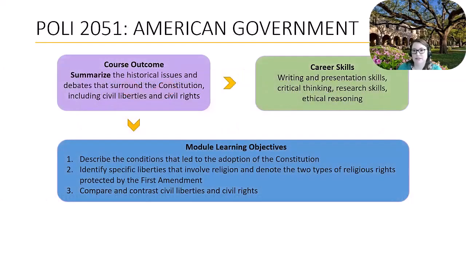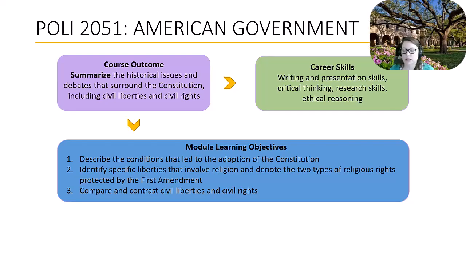All right, so now we're going to take a look at how we can map career skills and the module learning objectives to that course outcome. So we have the course outcome that we just selected, and this large outcome has been broken down into more manageable objectives because before they can summarize something, they have to be able to describe the conditions and identify specific liberties and be able to compare and contrast liberties and rights.